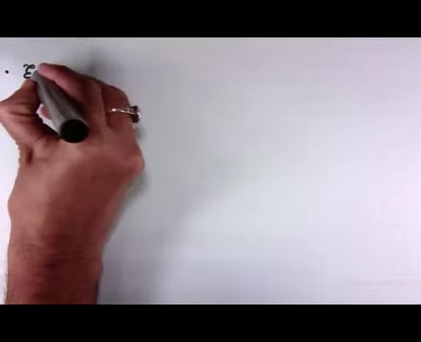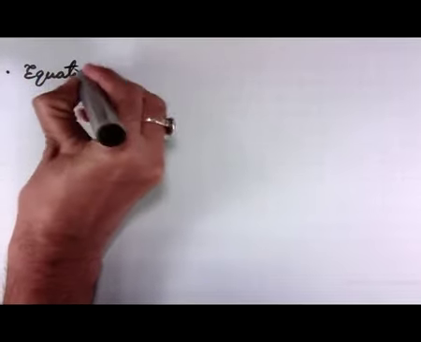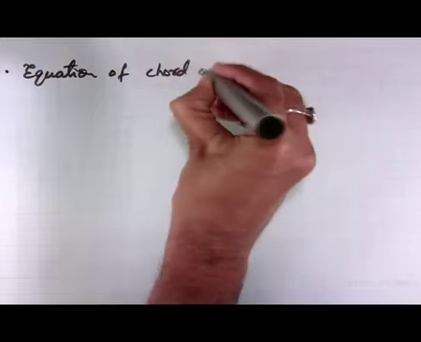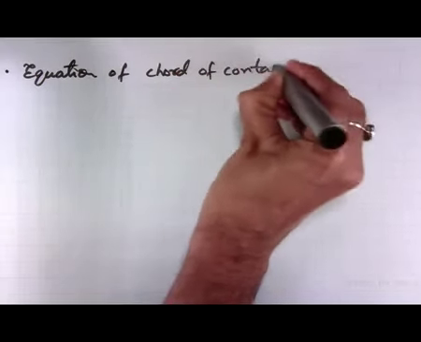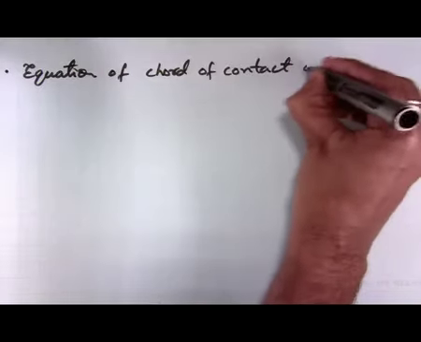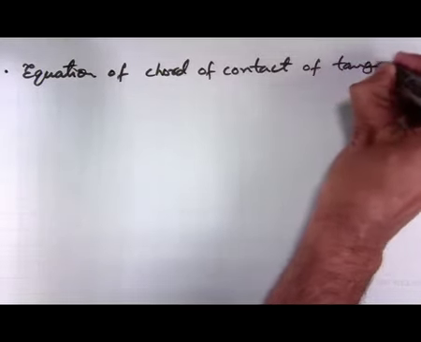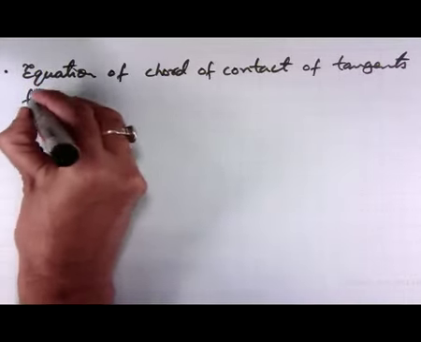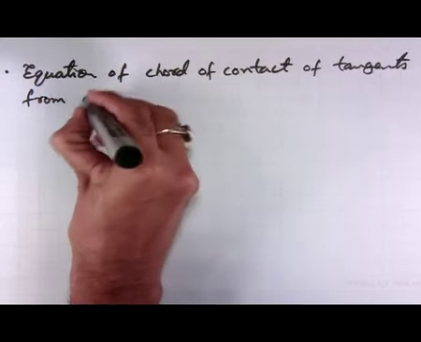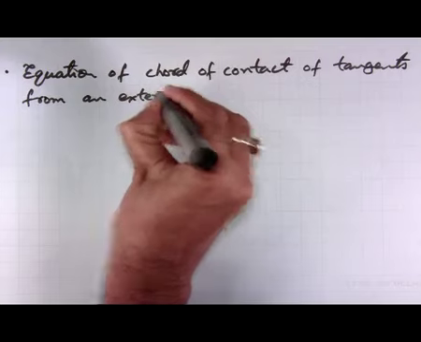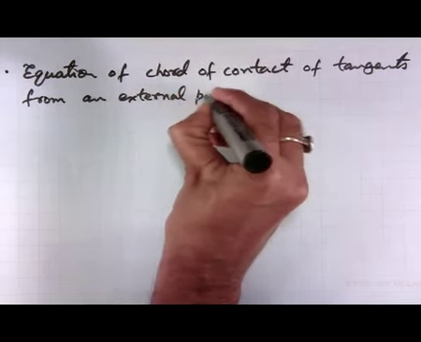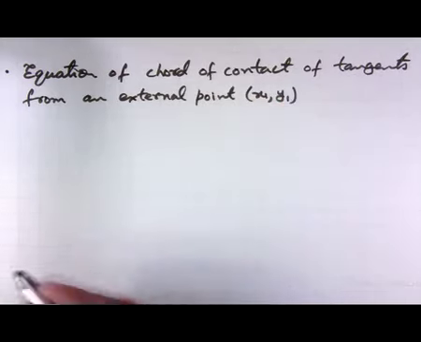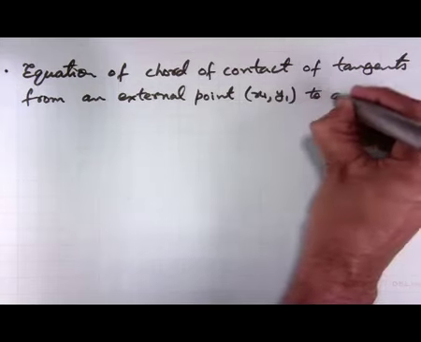So, the first thing we will derive is the formula for the equation of the chord of contact of tangents from an external point (x1, y1) to an ellipse.